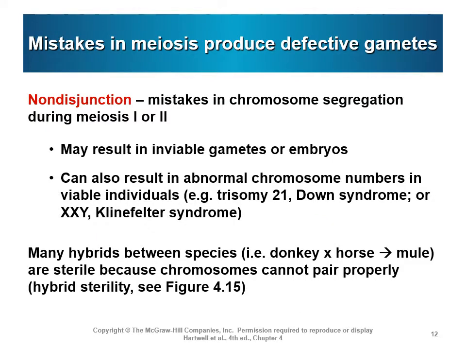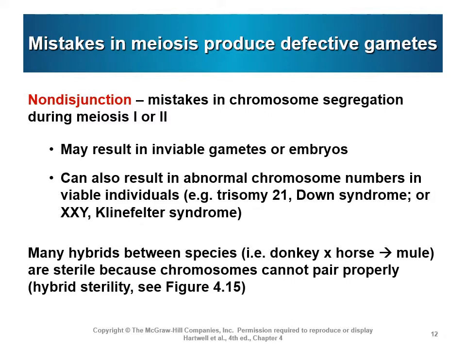Mistakes in meiosis can produce defective gametes. For example, non-disjunction mistakes that take place in chromosome segregation during meiosis I or II may result in inviable gametes or embryos, which can be lethal, or they can result in abnormal chromosome numbers in viable individuals, which will cause different disorders that we have talked about already, such as trisomy 21, which is the case for Down syndrome, or XXY, Klinefelter syndrome.